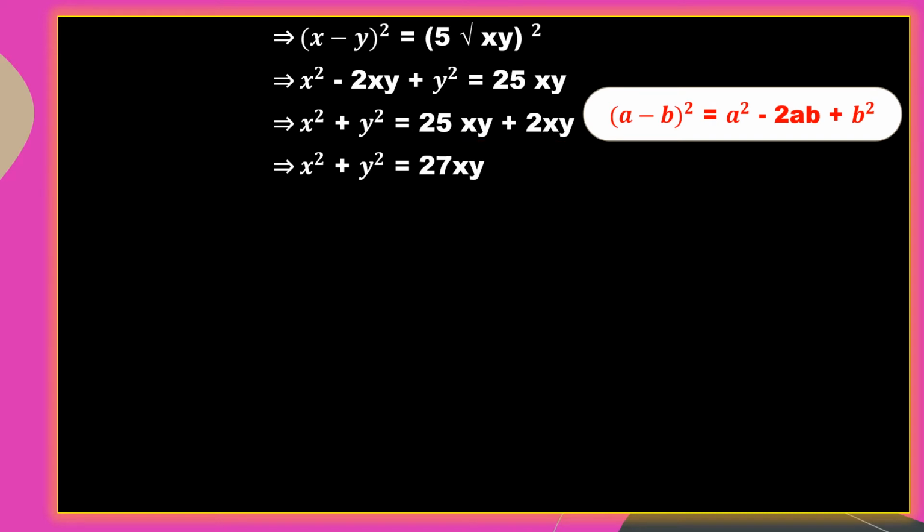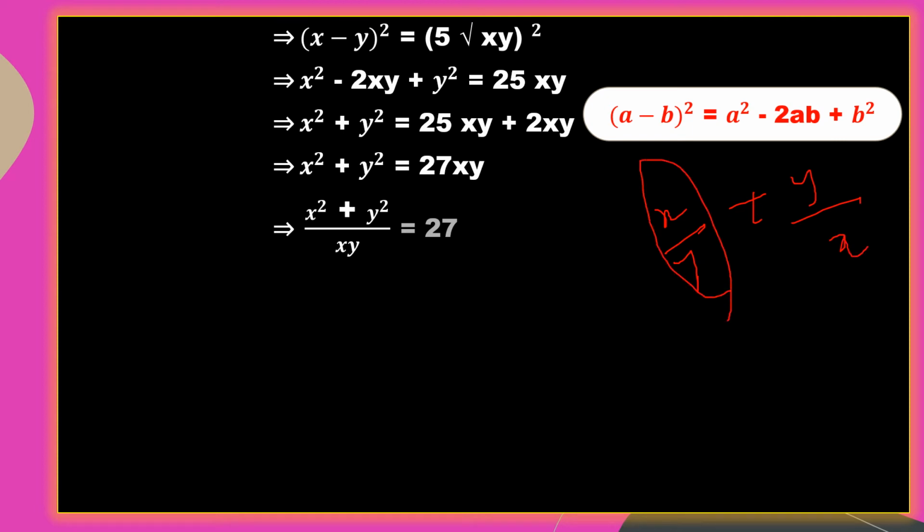Now whatever xy is there, we will send to the other side as division, because it is multiplying here, 25 into xy. Whenever it is under multiplication, it is sent as division. So x square plus y square, this xy is sent as division. Now our question is x by y plus y by x, so to get that, we will give this xy to both of them.